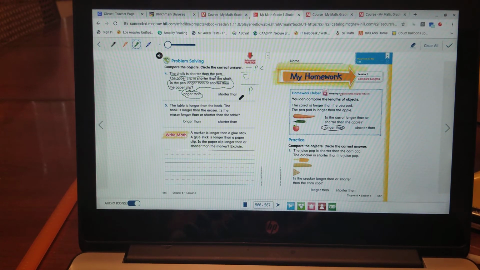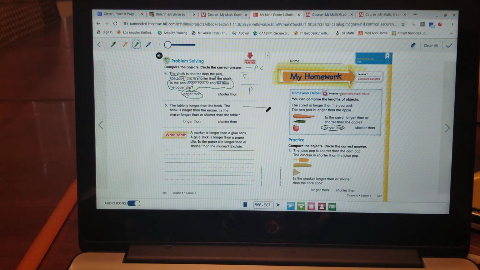Let's try number 5. The table is longer than the book. Well, that makes sense because we put books on the table. So, I'm going to do the same thing. Okay, so the table is longer than the book.